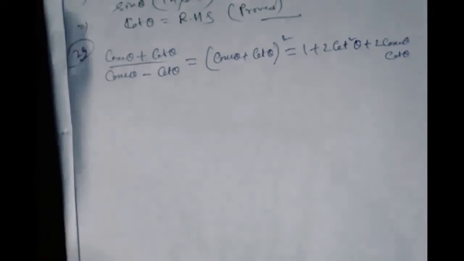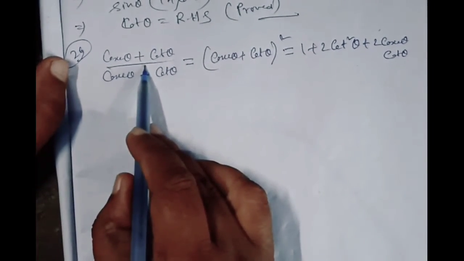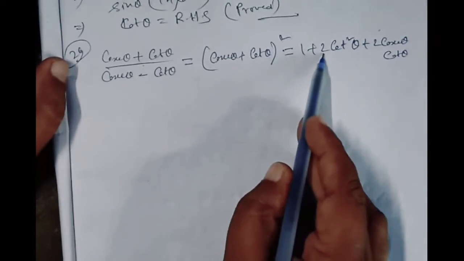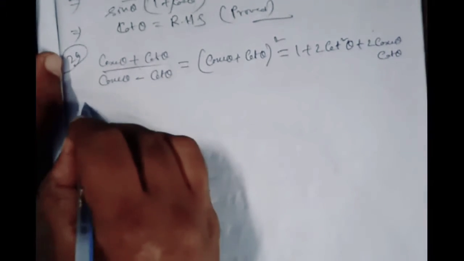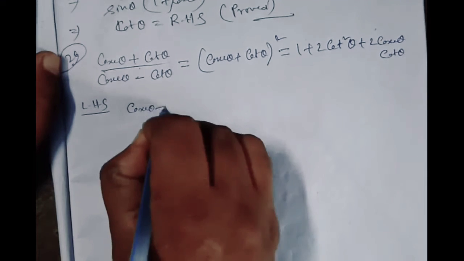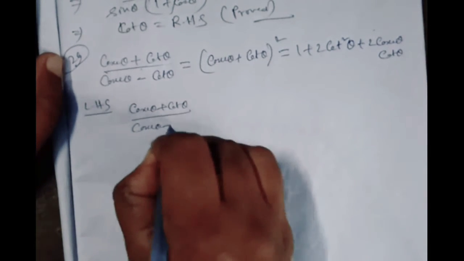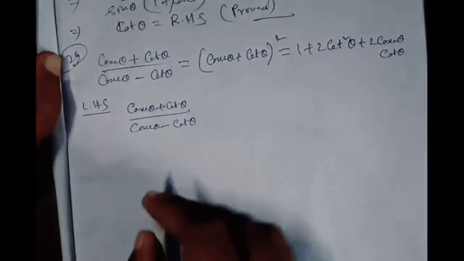So first we will take the LHS, that is cosec theta plus cot theta by cosec theta minus cot theta.